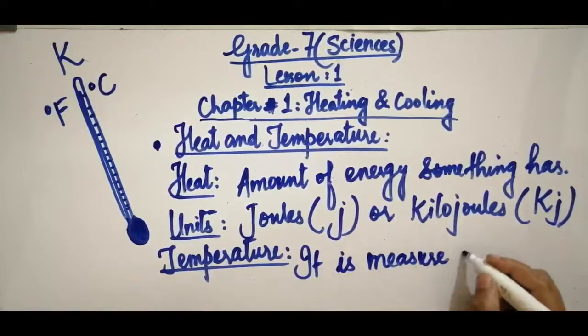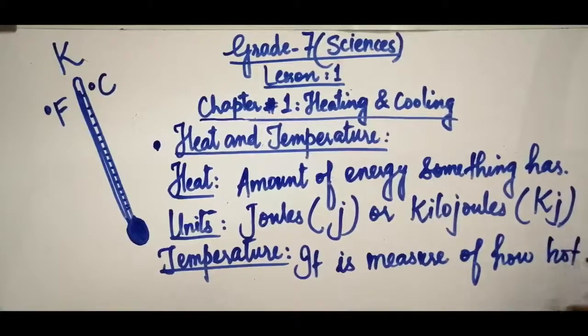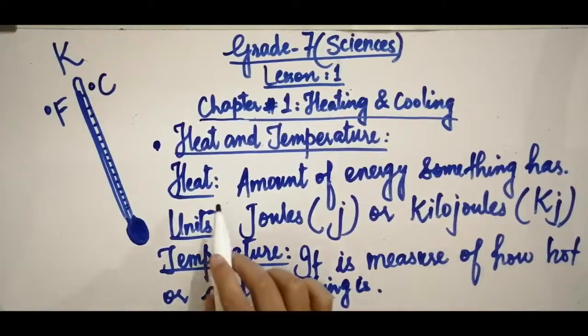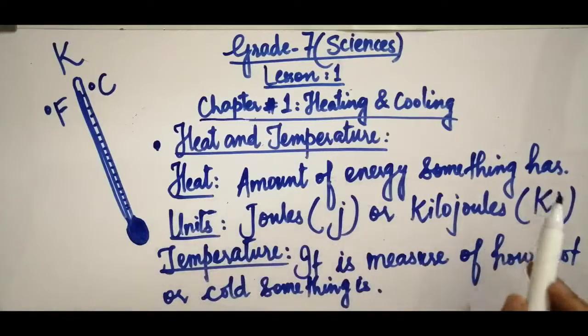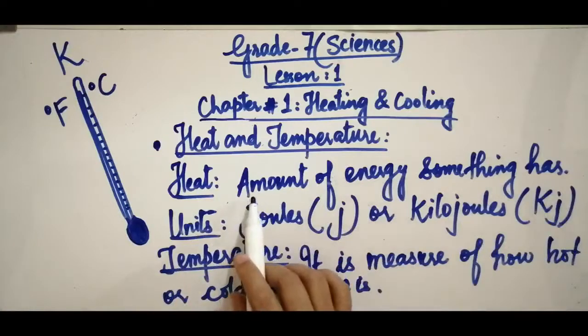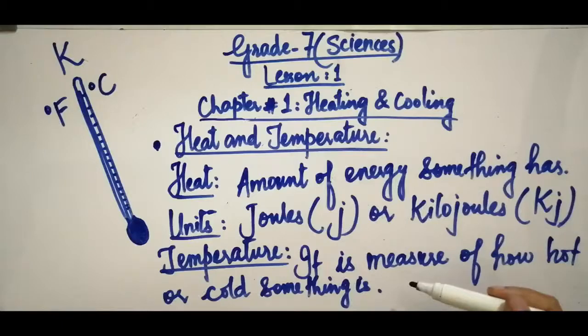It is a measure of how hot or cold something is. Temperature tells us how hot or how cold something is, whereas heat tells us the amount of energy present in it. So both are different things from each other.